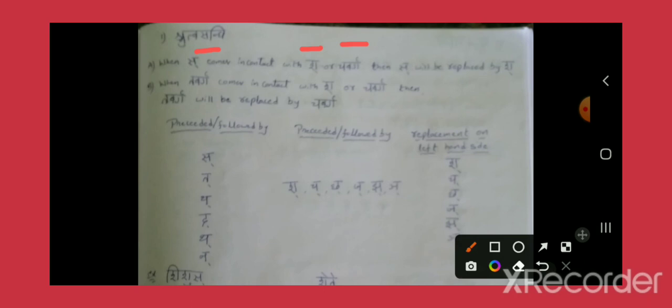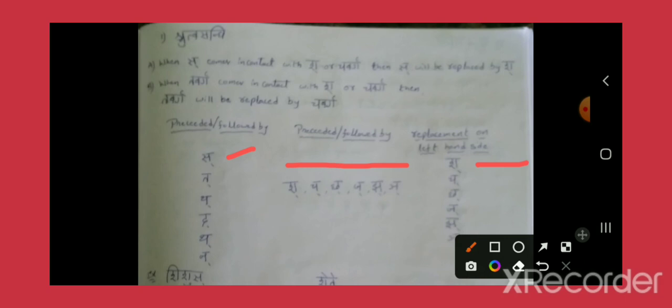See here, it will be more clear. When sakara is preceded or followed by, it can happen in either way. So when sakara comes in contact with these shakara or chavarga letters, then replacement will happen on the left hand side. So sakara will be replaced by shakara.